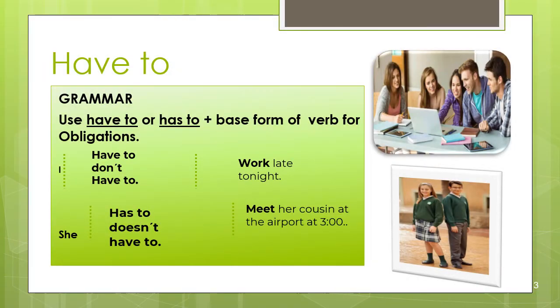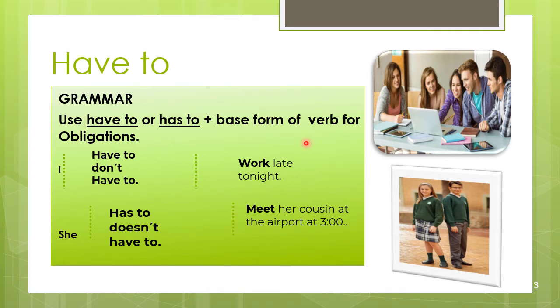Continue with the auxiliary have to. Have to is used for obligations. Use have to or has to plus the base form of the verb for obligation. When you are obligated to do something, you know that as students, you have many obligations.